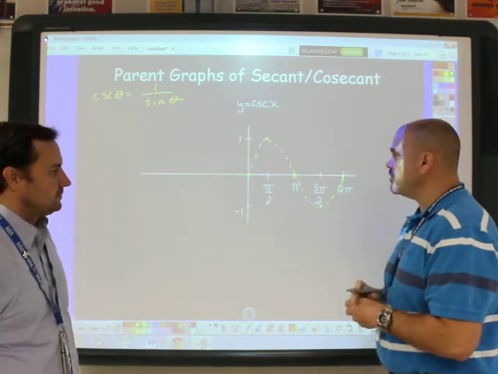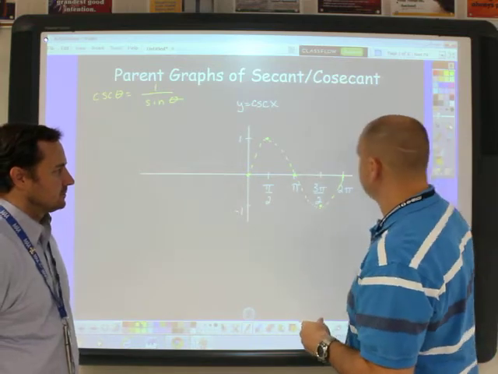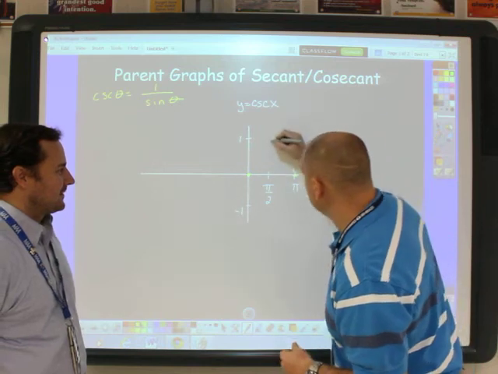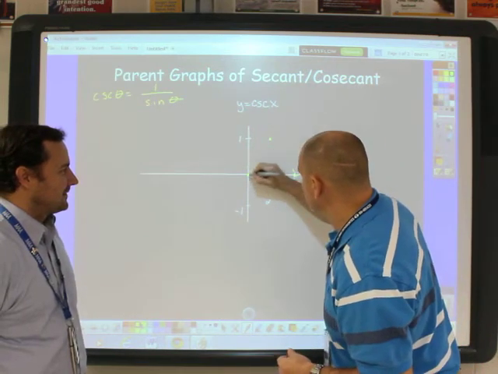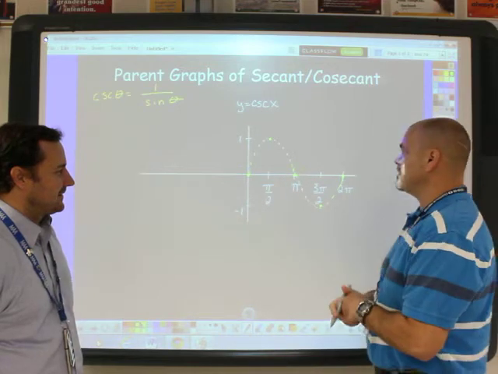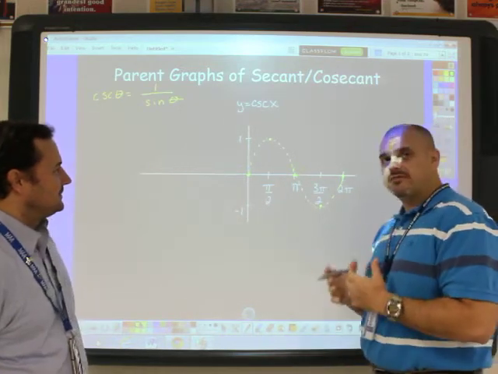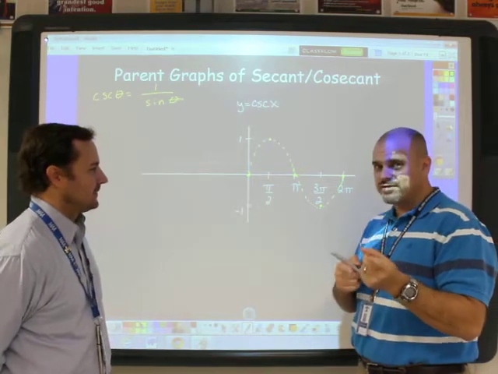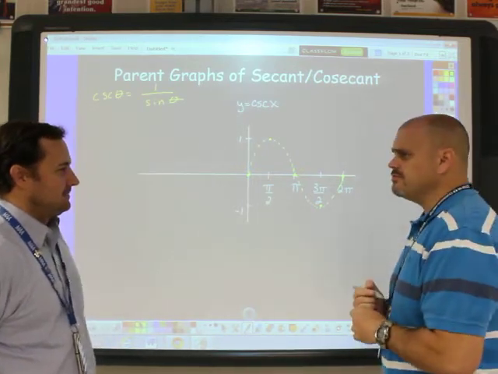It's not beautiful, but it's pretty close. I'll fix it and make it look a little nicer. If you notice, I graphed sine with dotted lines because I really don't want sine, I want cosecant.